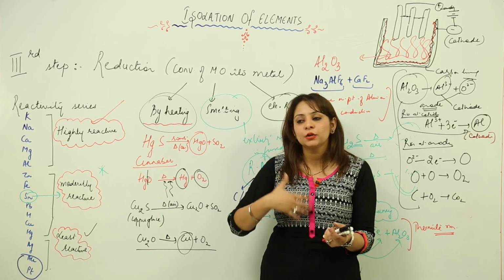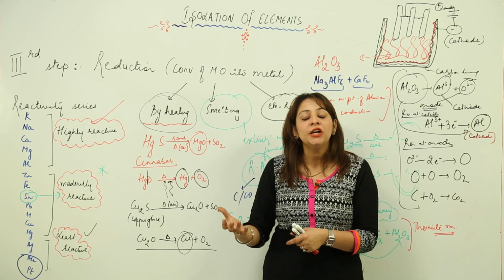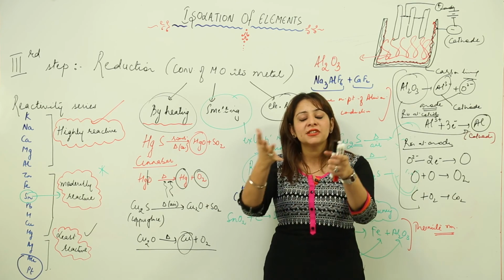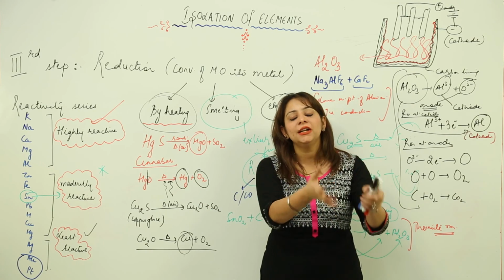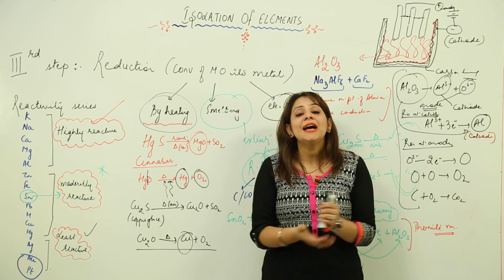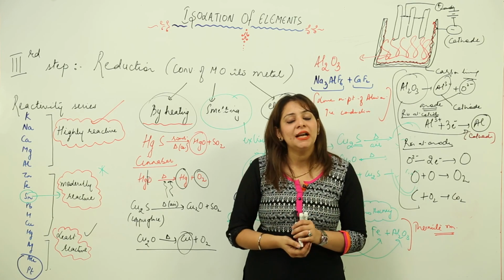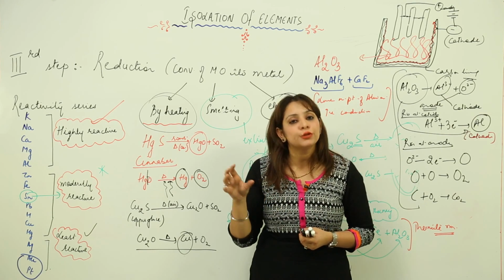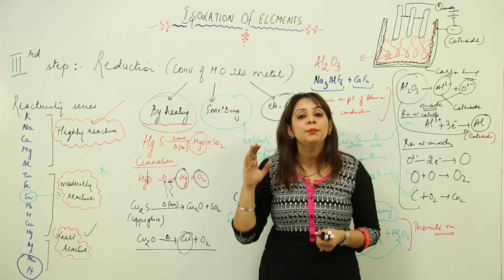I'll go to a shopkeeper and ask for the iron rod, and that shopkeeper will bring it from a certain factory, and that factory will bring it from the plant where these metallurgical processes have been carried out. So if we need a certain metal article, we need it in a ready to use form, or you can say we need it in a pure form, right.